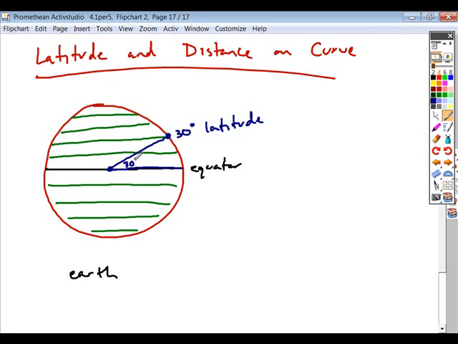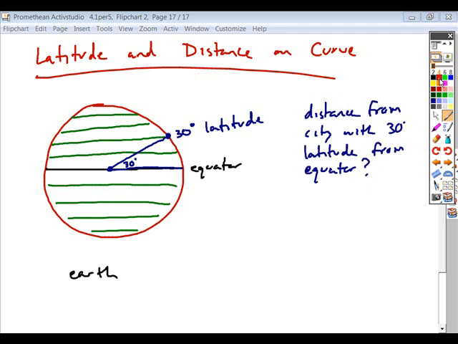So when you're looking for these types of problems, what you might see is: what is the distance from a city with a 30-degree latitude from the equator?